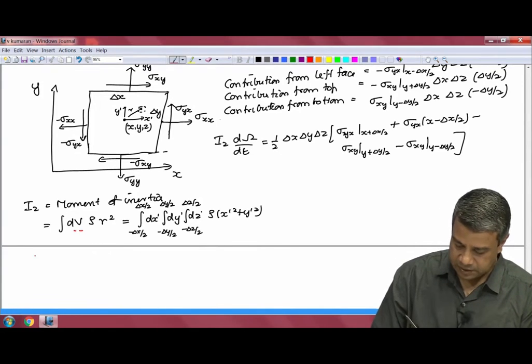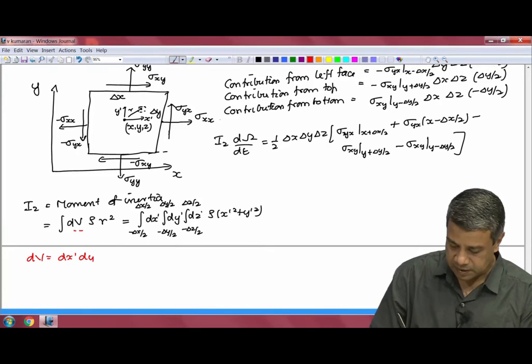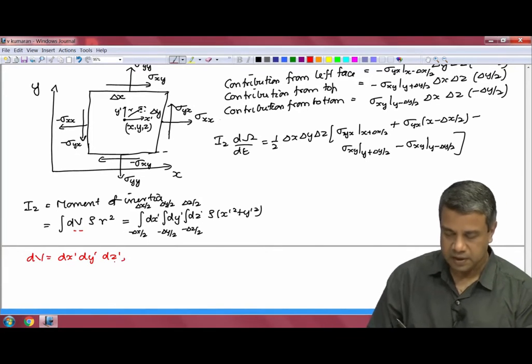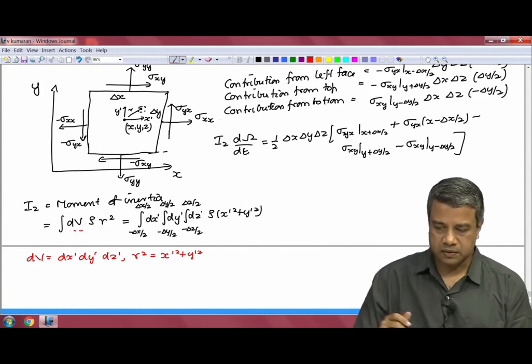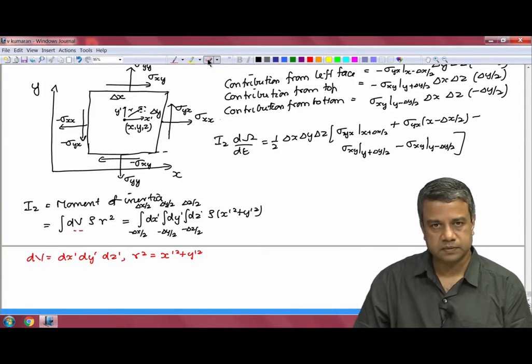The volume dV is equal to dx prime dy prime dz prime, and the distance from the center of rotation, r square, will be equal to x prime square plus y prime square. And that is how you calculate the moment of inertia.